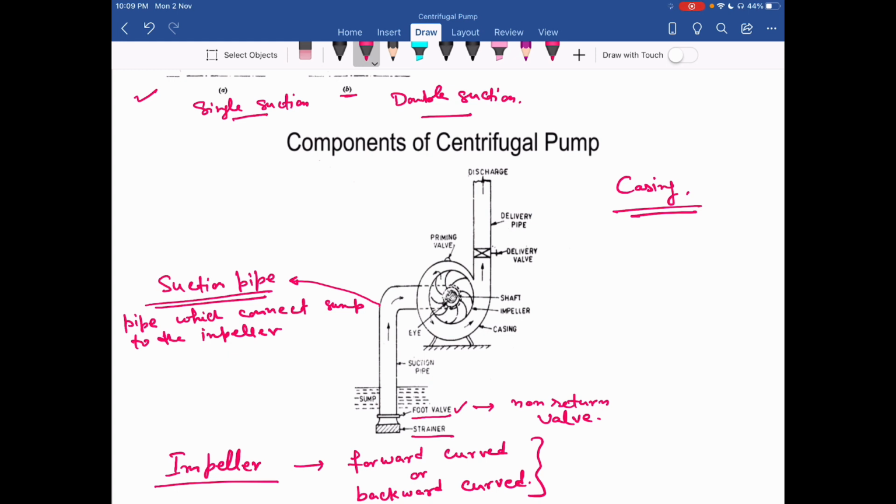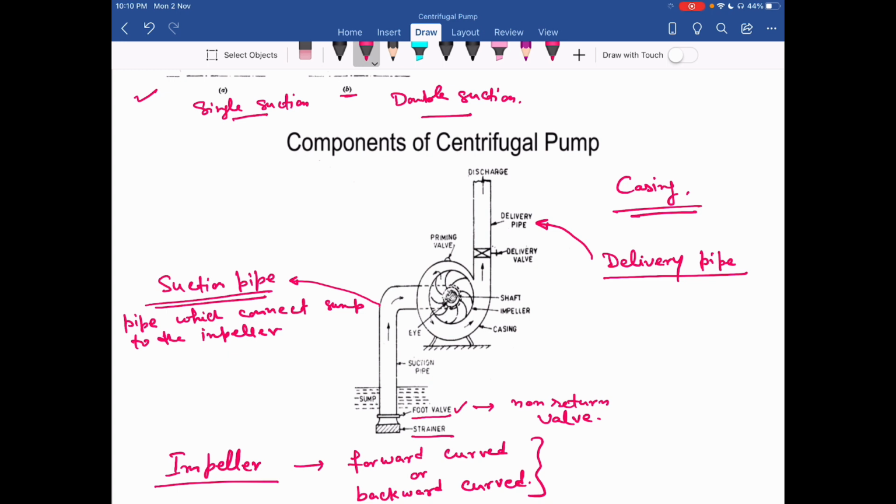Another component is the delivery pipe. This is the pipe which takes the water from the outlet of the pump to the required height.